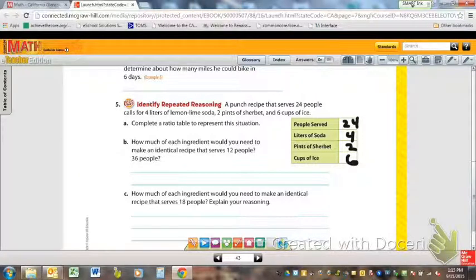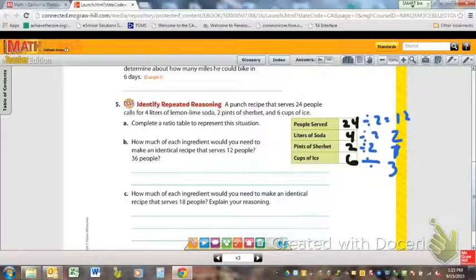I'll go ahead and finish this one. The first one's asking, how much of each ingredient would you need to make an identical recipe that serves 12 people? So we're just going to cut this one in half. I'm going to divide this by 2 to get my 12 people. So we have 2 liters of soda, 1 pint of sherbet, and 3 cups of ice.